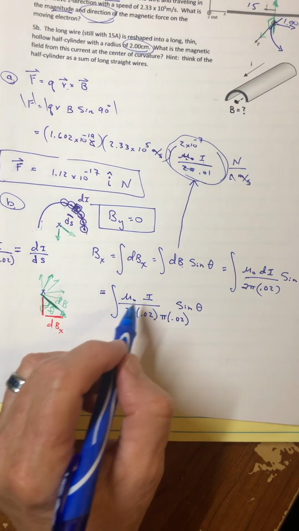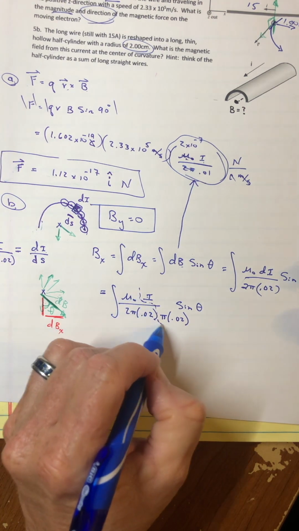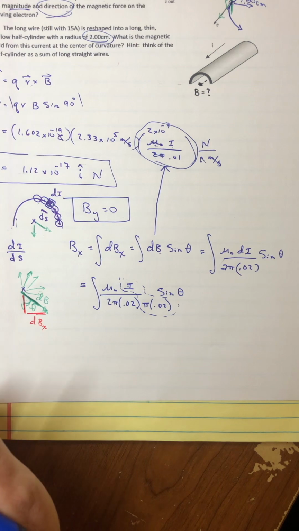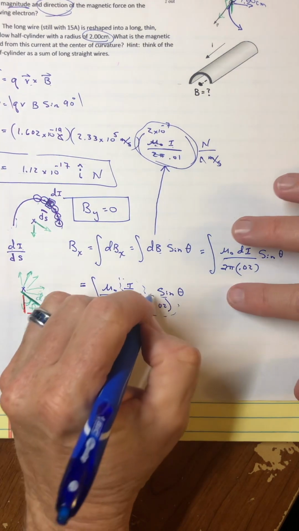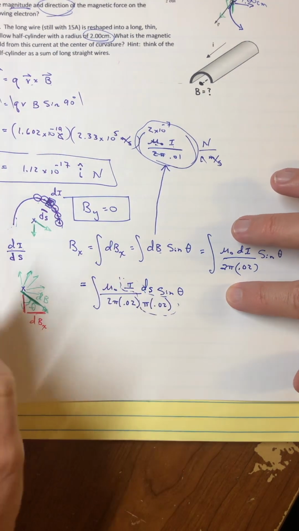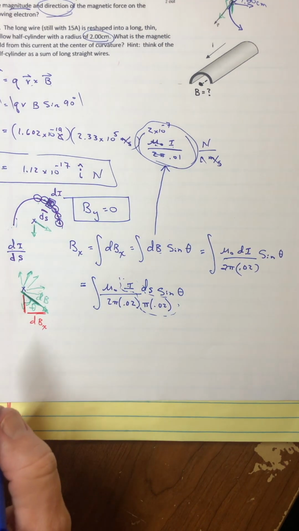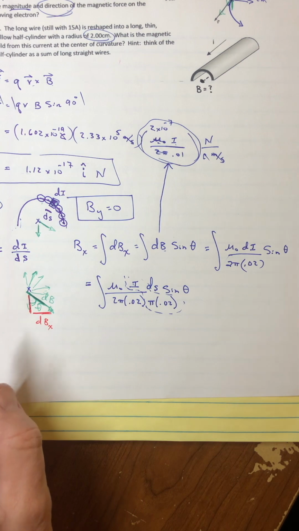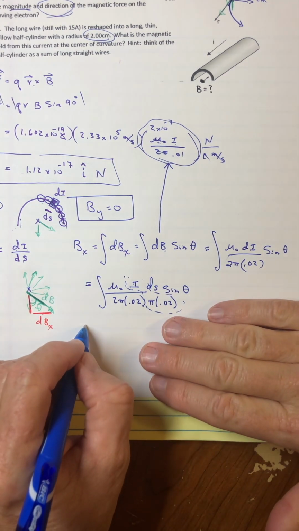And so that's these two together. Oh, and then my ds, sorry. I must not forget the ds. I've got to bring the ds over there. Okay. Now it's getting kind of messy inside of my integral.